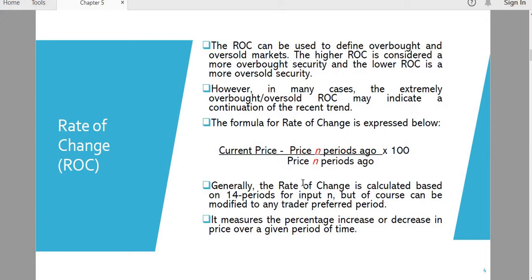So in ROC, we are plotting the percentage change in price. That's why it moves above 0 or below 0. When the ROC is above 0, it indicates the price has increased from n periods ago. And when the ROC is below 0, a negative value, it indicates that the price has decreased compared to n periods ago.